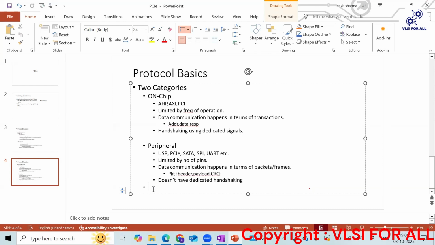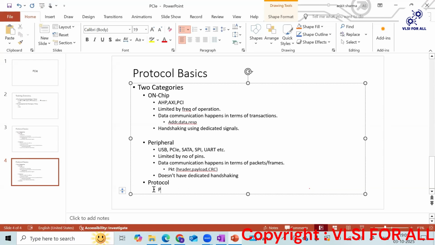Also, how can you select a protocol, or differentiate between protocols? Performance is one parameter, and you can say bandwidth also.